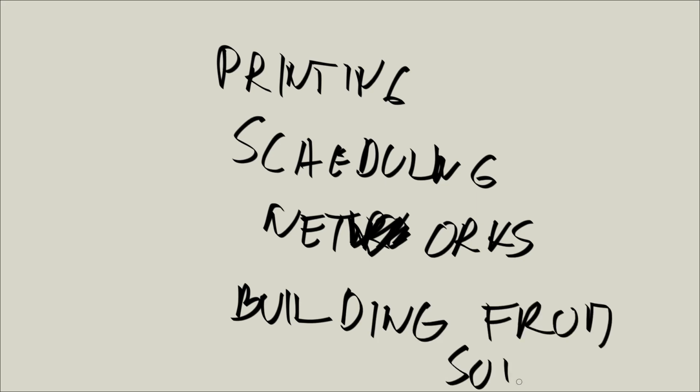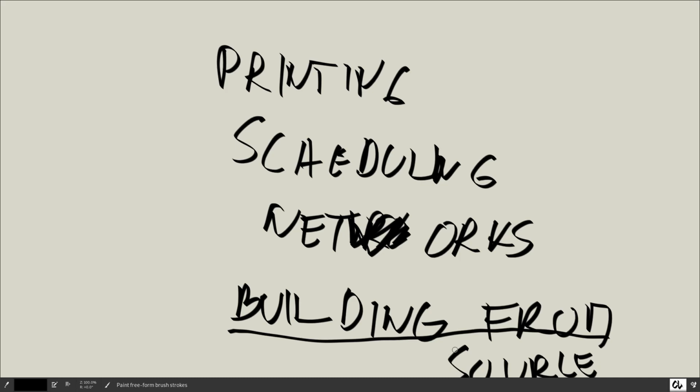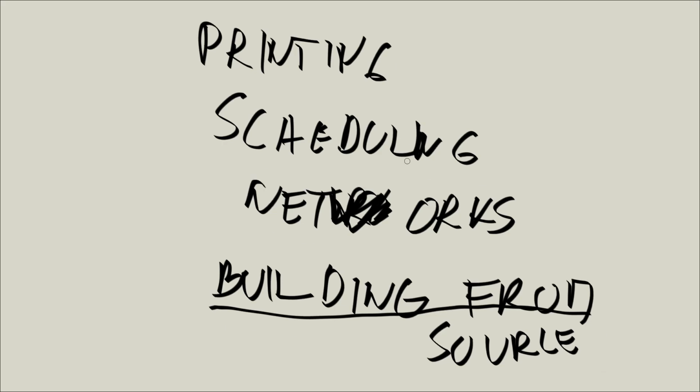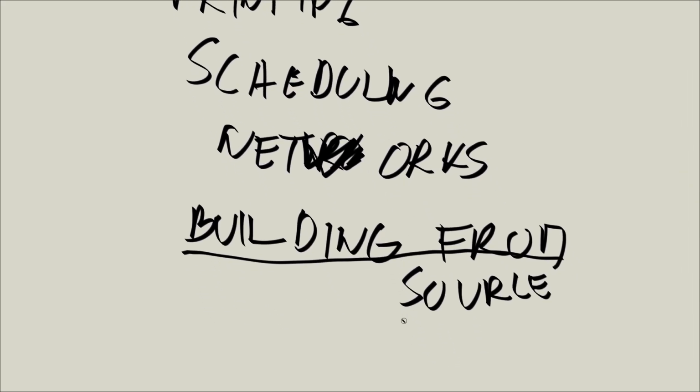And again, I think this building from source is actually really good. I'm really proud of myself for explaining some things which I don't think you can really get that easily if you're not a software engineer. But let's take a look at, for example, networks.